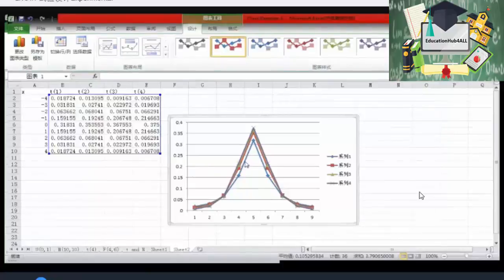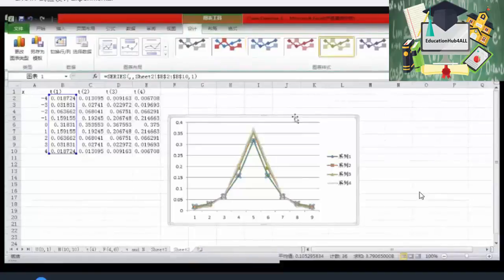And I think in Excel you right click your line, and I think there's one option. Let me see where it is. Okay, here it is. You point at any of the lines, you right click, you go to the end, the series format, and you go to the line style.